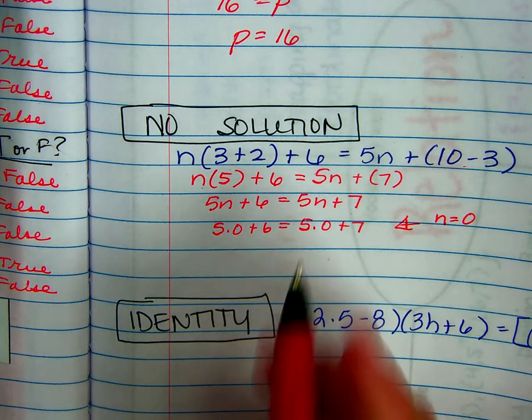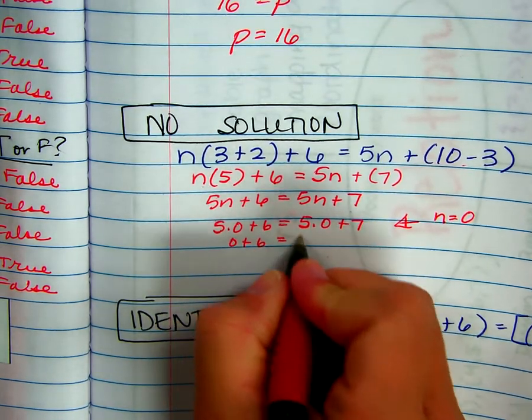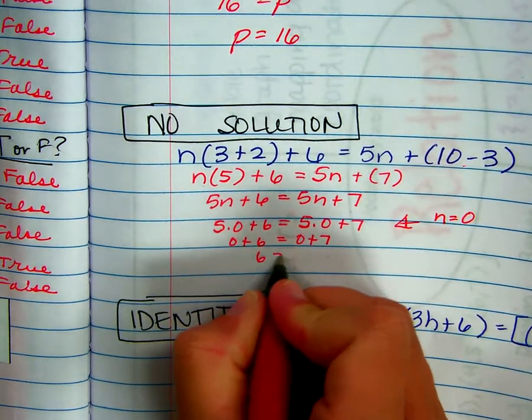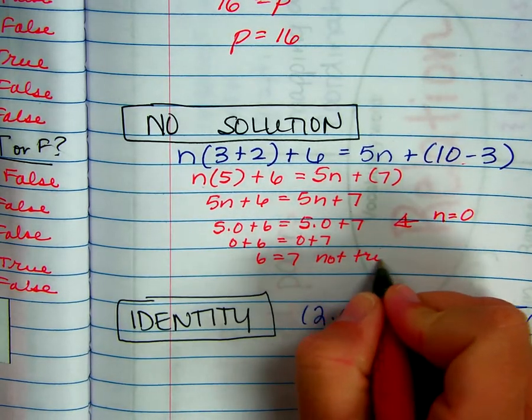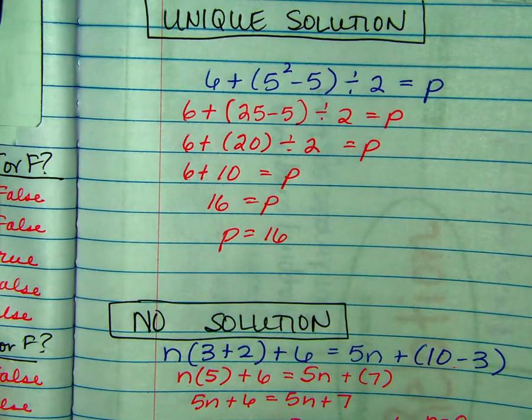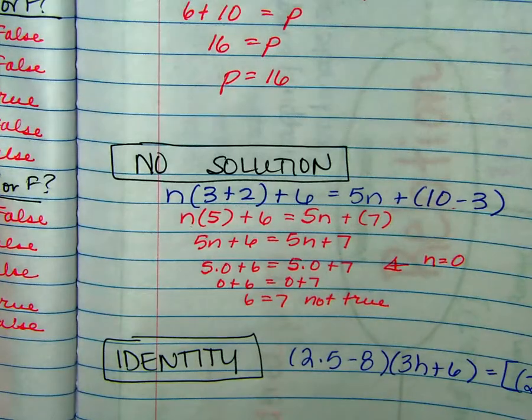So I'll get 0 plus 6 is equal to 0 plus 7, or 6 is equal to 7. Well, this is not true. So this cannot work ever. So this is a no solution situation.